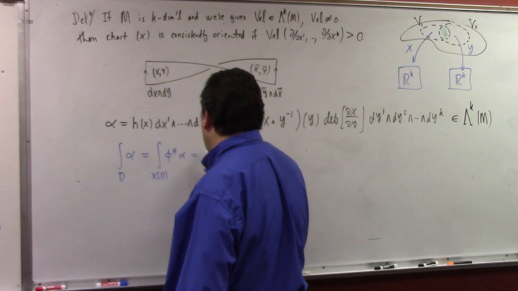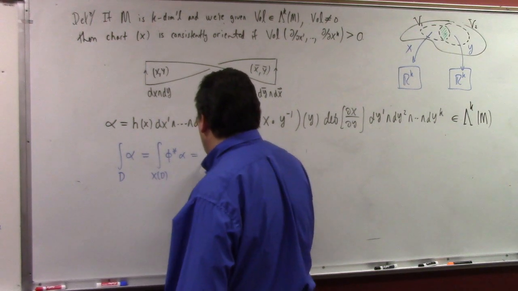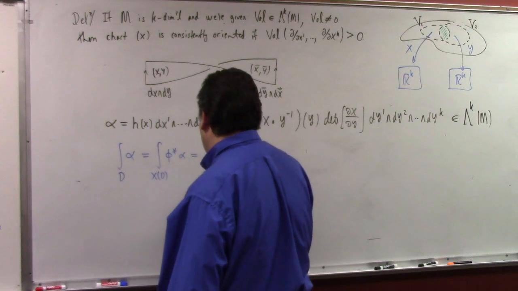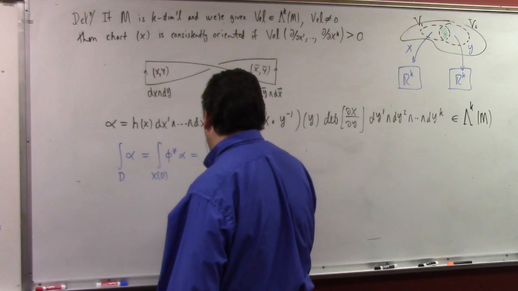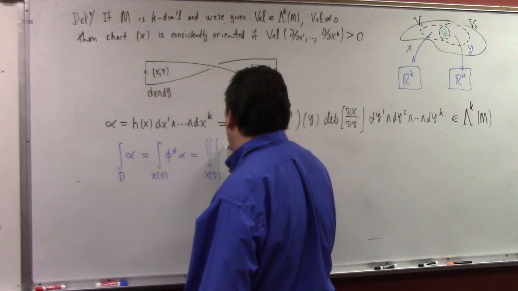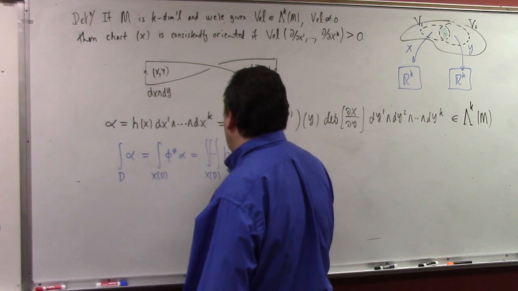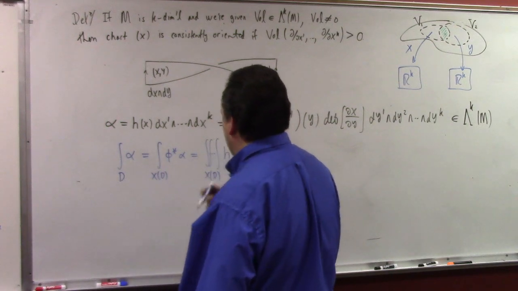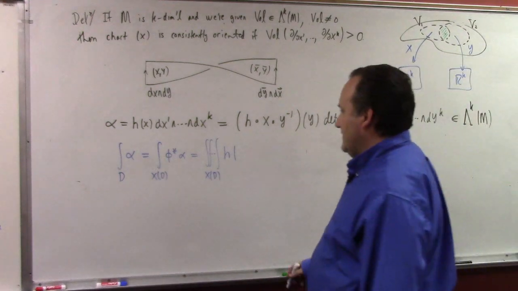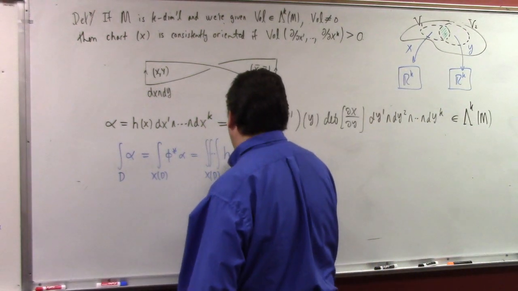And that literally is the k-fold integration over that region of what? Of h of x, h of, how's it go? I have to replace x with what? With phi of x, of course.